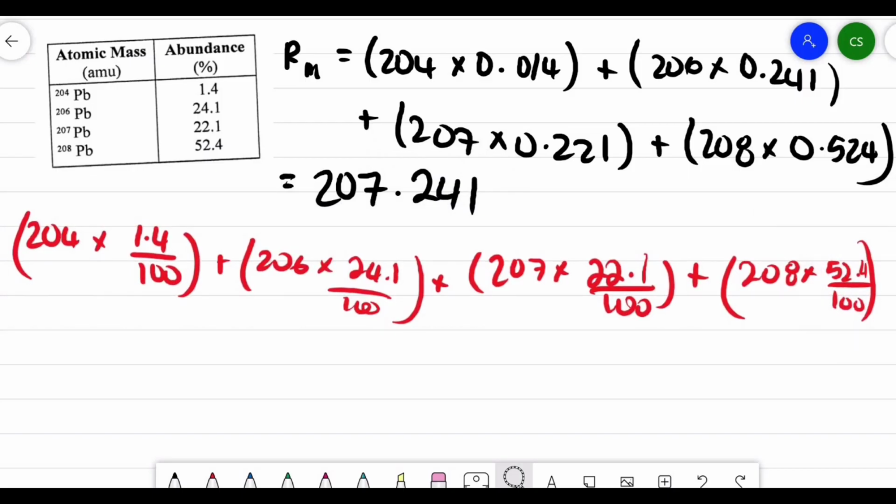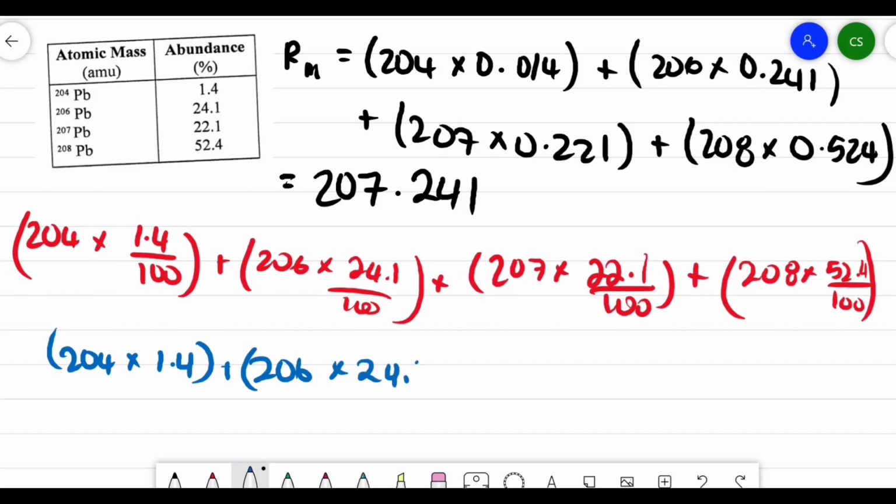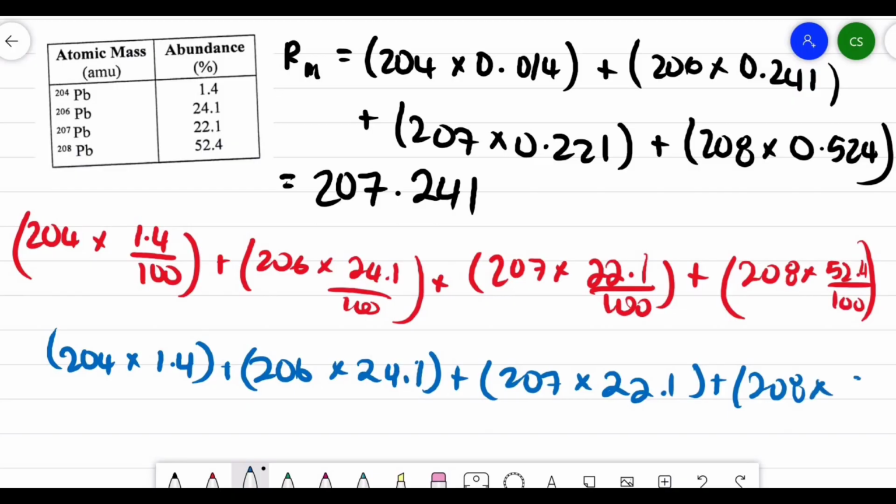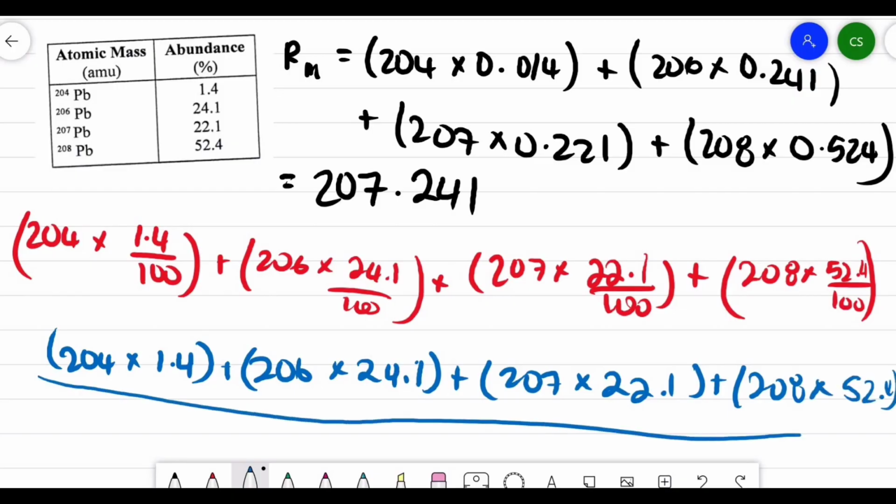There you go. And you can also write 204 times 1.4 plus 206 times 24.1 plus 207 times 22.1 plus 208 times 52.4, and put this entire thing over 100.